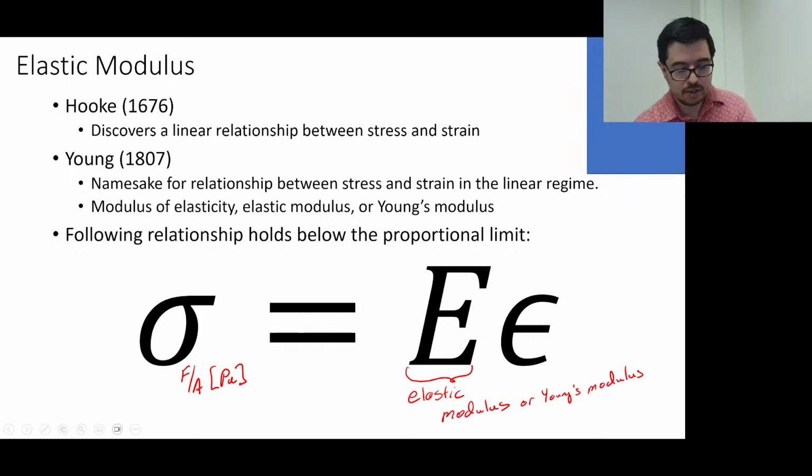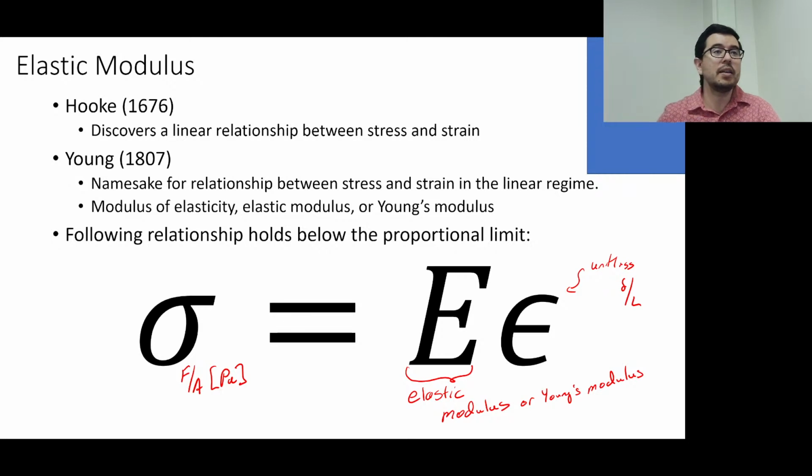It's unitless, right? Because it's some delta divided by some length. So what does that mean the units of the Young's modulus might be? It's actually just pascals, right? You have pascals on the left and pascals on the right. So this is also going to be pascals.